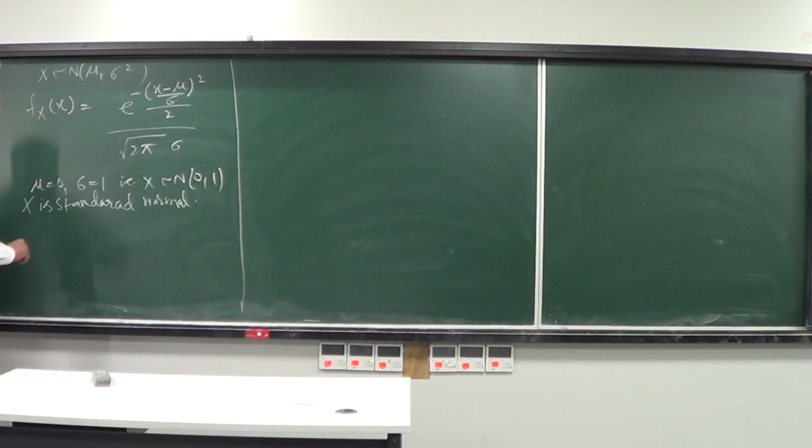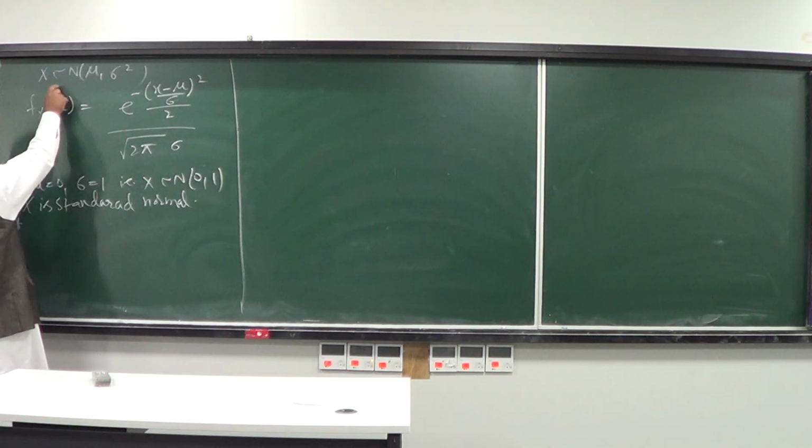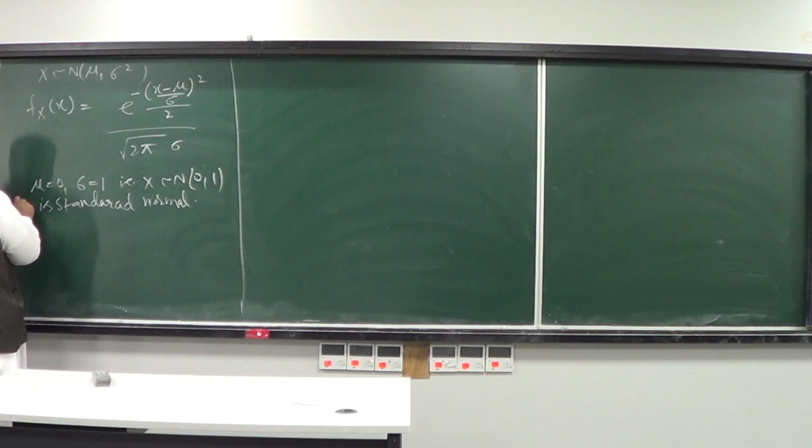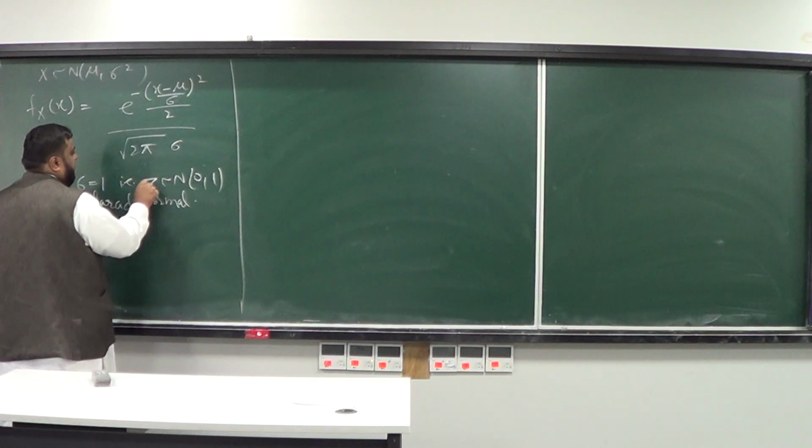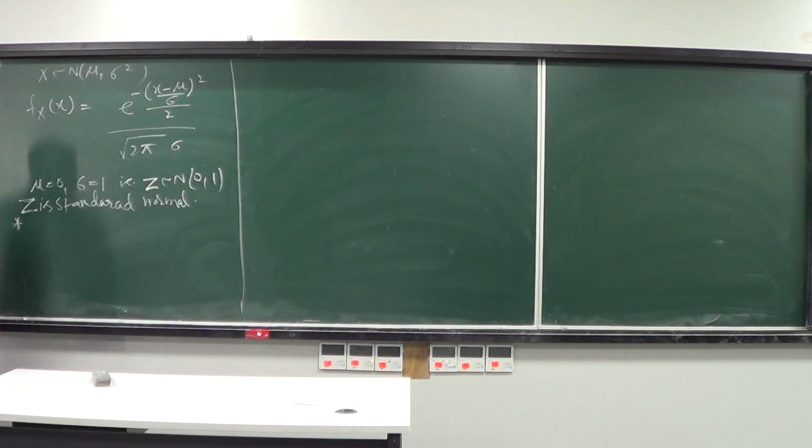some of the basic properties, the relationship between the non-standard normal and standard normal, a general random variable and a standard normal. For a standard normal, we're going to use mostly the symbol z.